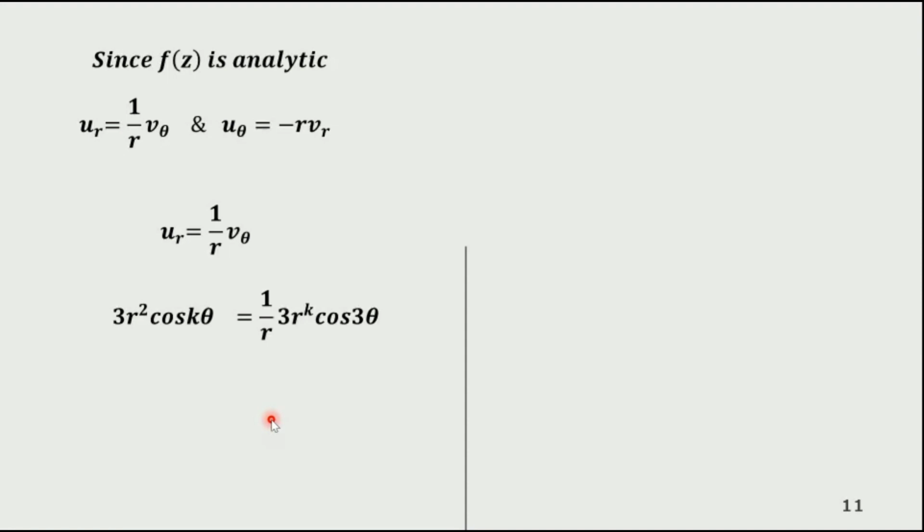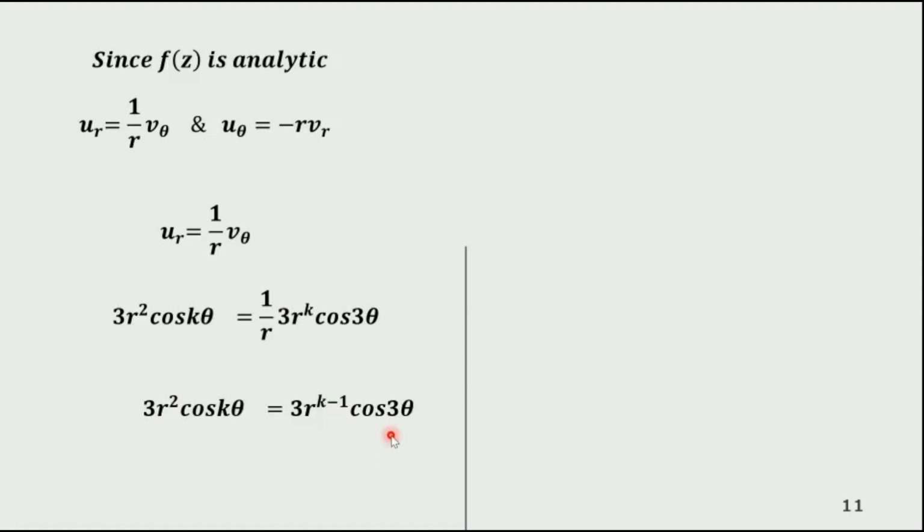k is equal to 3, correct. So I will write 3r square cos k theta. This r I can combine, so 1 by r into r raised to k will become r raised to k minus 1.